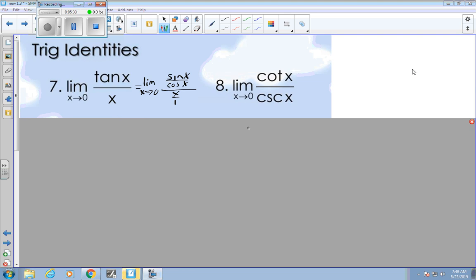Fraction over fraction, we're going to multiply by the reciprocal here. So this is going to be equal to the limit as x approaches 0 of sine x over x times cosine of x.